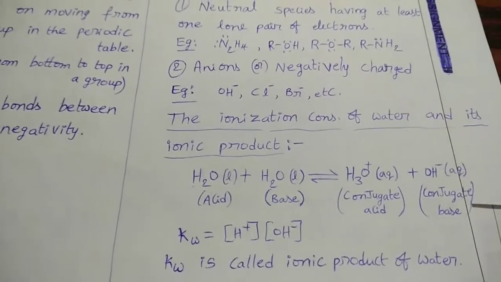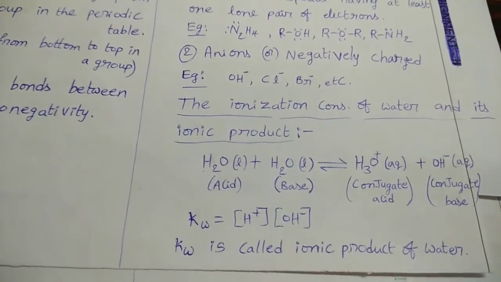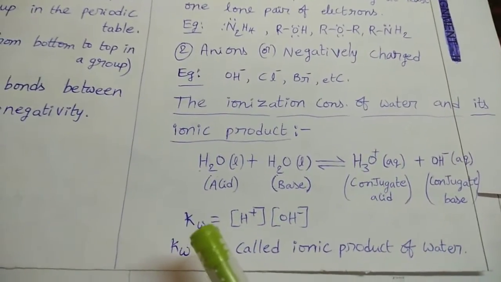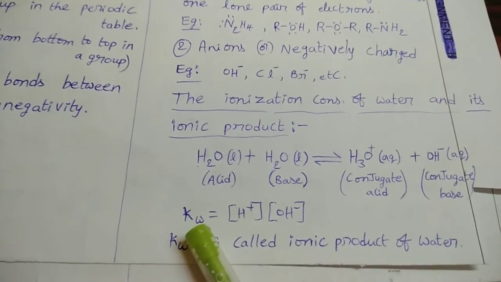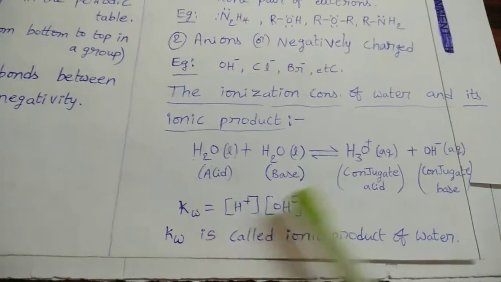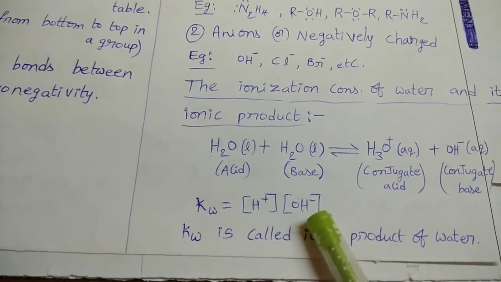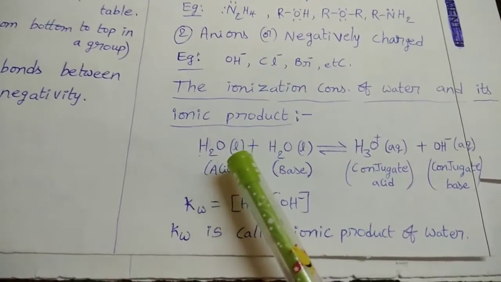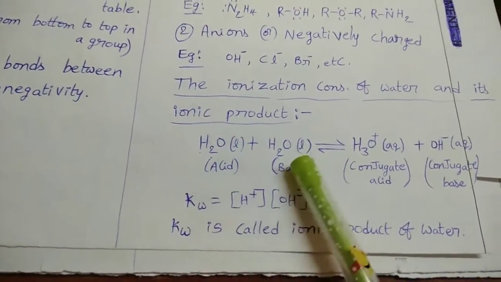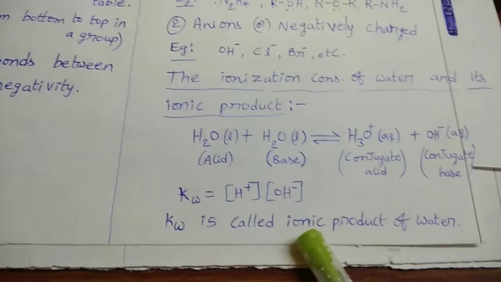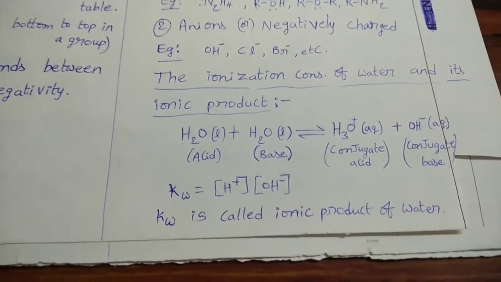So here H3O plus and H plus ion are both same. Ionic equilibrium constant for water: Kw equals H plus ion concentration into OH minus ion concentration. Here change in the concentration of the reactants is negligible. So Kw is called the ionic product of water.